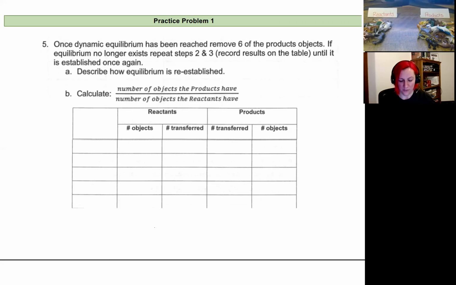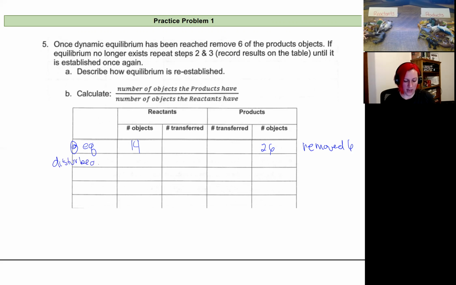All right, so I've removed 6. So remember where I was at equilibrium. We'll just make a little note here. I had 14 of my reactants and I had 26 of my products. Then I removed 6 of my products. So now I've disturbed equilibrium.